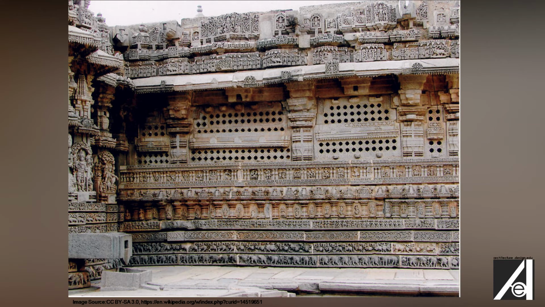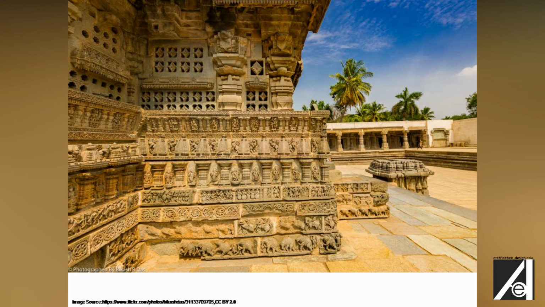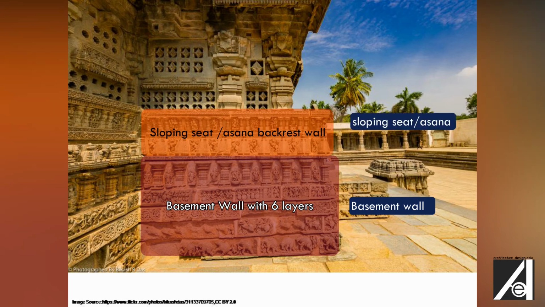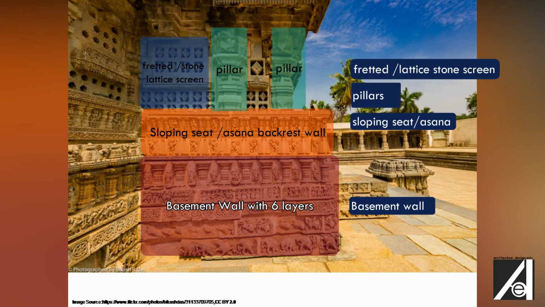The pillared hall wall treatment consists of the basement wall, which has many bands as mentioned earlier. Above that, the sloping seat back of the asana follows, and above this one can find the columns, that is the pillars, and in between the pillars the fritted lattice stone screens were fixed later on.